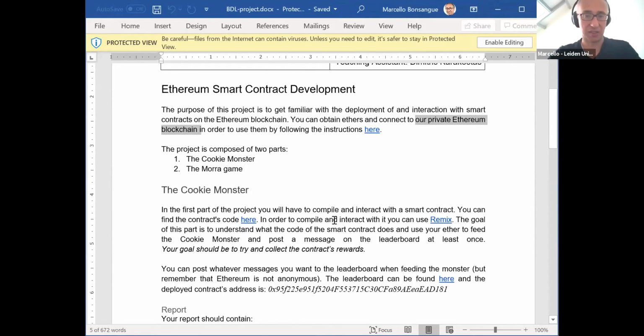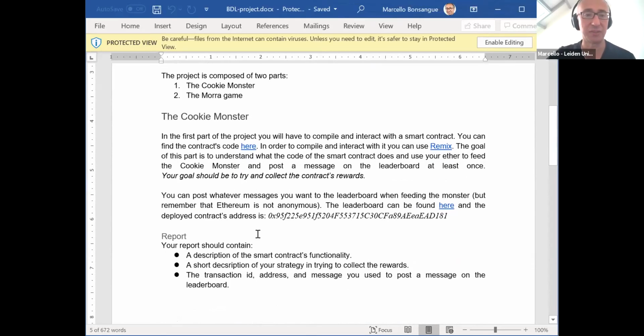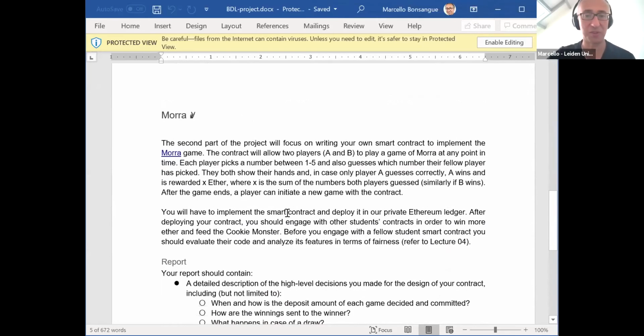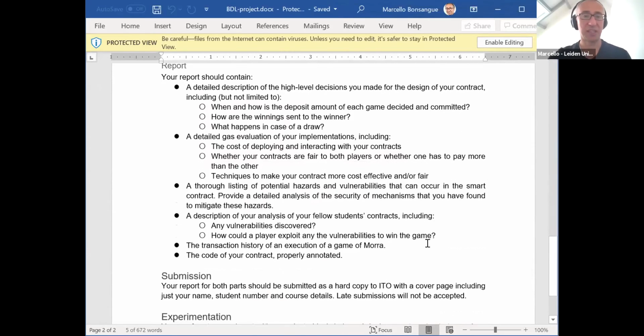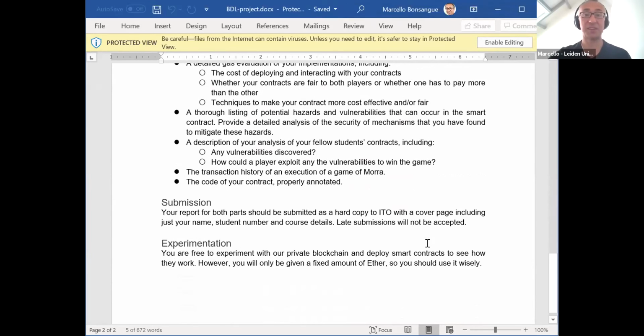They have to implement or play with this project. One is called Cookie Monster, the other the Mora game, and they are all based on this Ethereum blockchain network. Okay, so that's how it works.